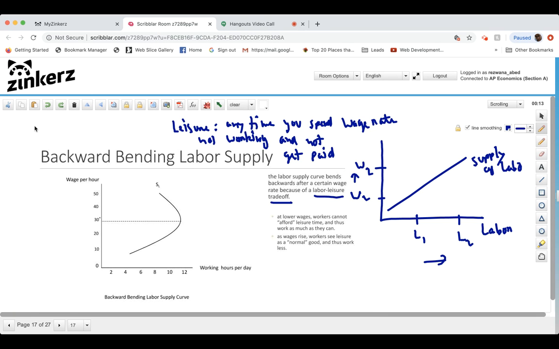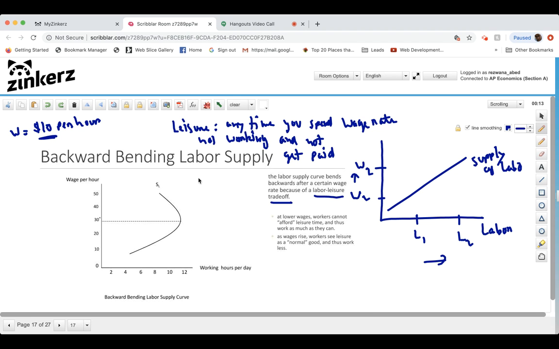Let's say you were making $10 per hour, that's your wage. If you spend 1 hour in leisure, the opportunity cost of leisure is that you're giving up making this $10 per hour because you decided not to work.